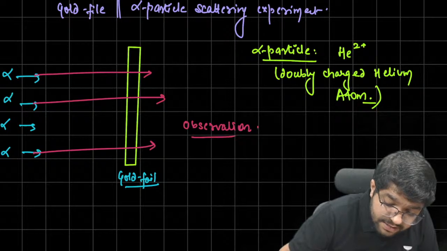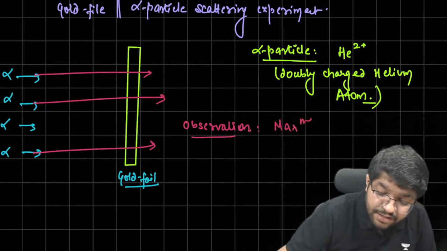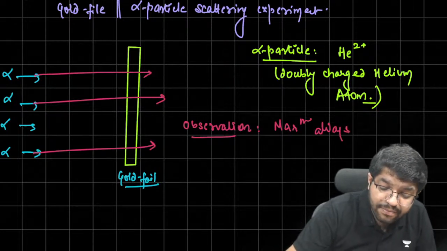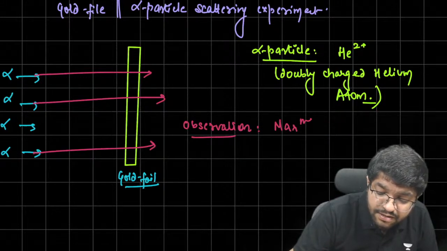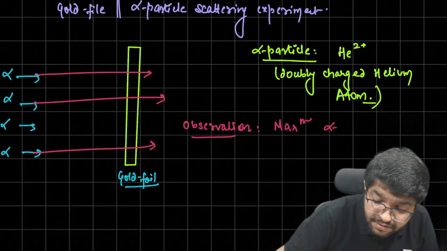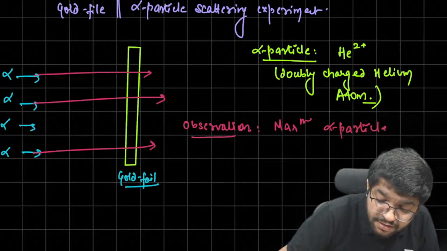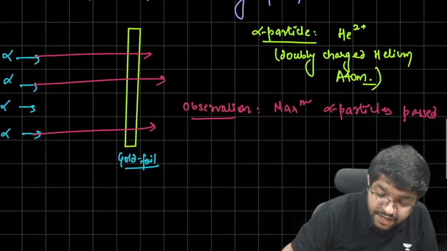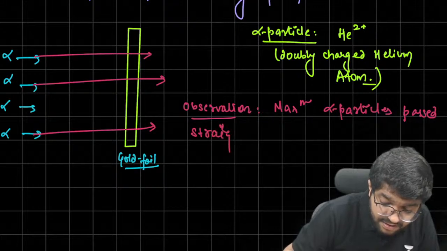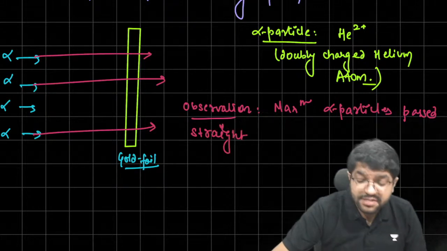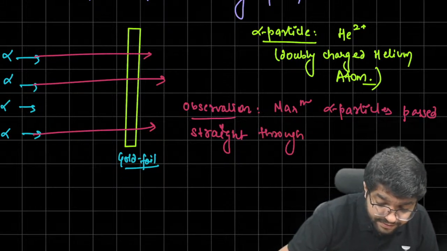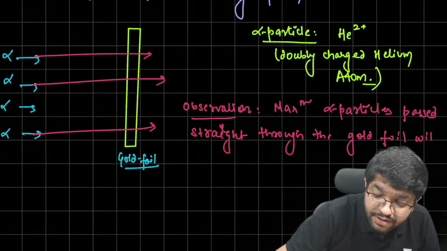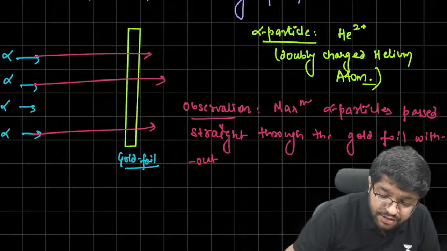The first observation was that maximum alpha particles passed straight through the gold foil without any deflection.